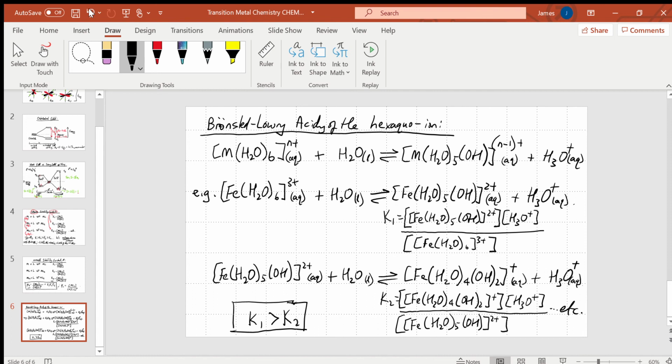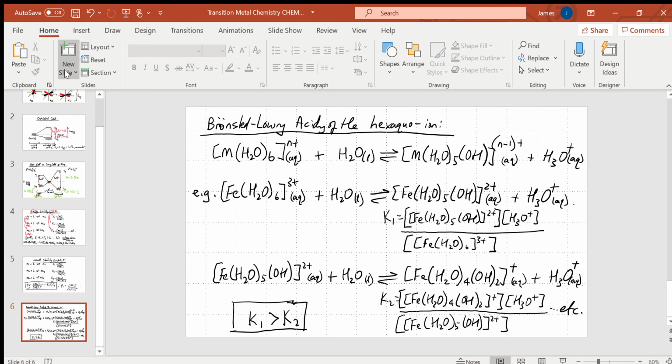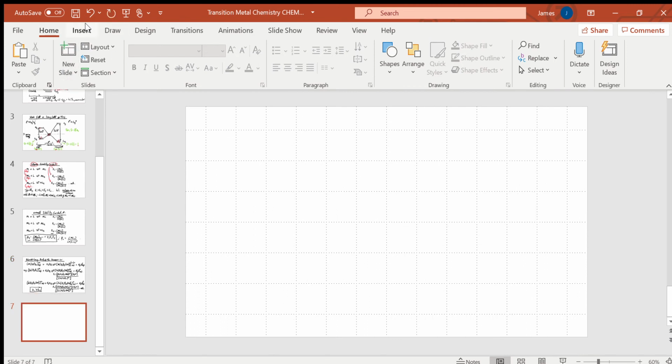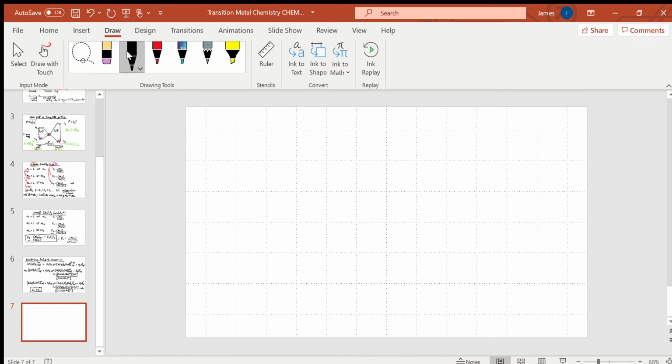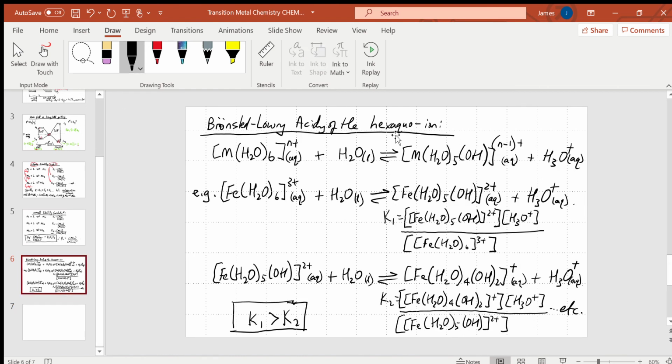So we can start to write equilibrium constants for this type of material. What can we do with that? What might some insights be of doing that? Well, first of all, we definitely can use Le Chatelier's principle here. In both of these K expressions, we have an acid as a product.